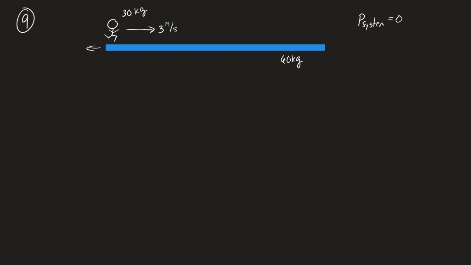So he starts running. The momentum of the system beforehand is 0. The sheet's not moving and the kid's not moving. So this is before the momentum. I'm making this way positive. After he starts running, he has momentum of 30 times 3.